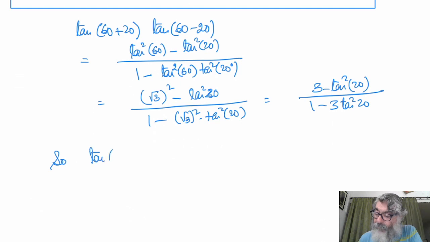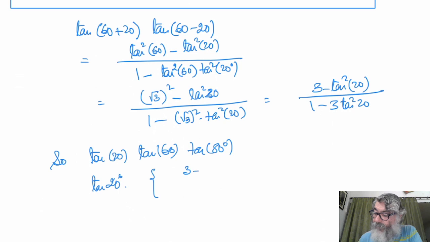So tan 20 into tan 60 into tan 80. This was the question. So it will be tan 20 into this value, 3 minus tan² 20 upon 1 minus 3 tan² 20.